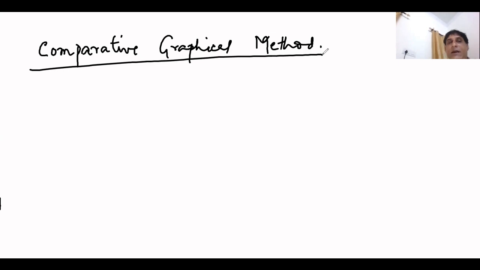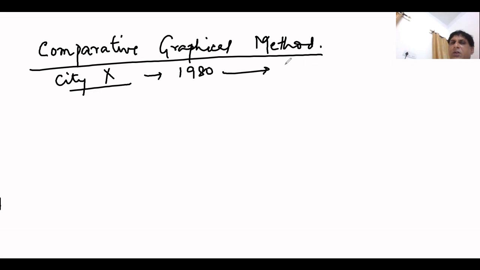Now you will have to compare the graphs. Now, what type of graphs, which graphs? Suppose you need to find out population of city X, right? For year say 1980 onwards, or say you need to find out the population for the year 2020 for city X. We know the data for previous years of city X.